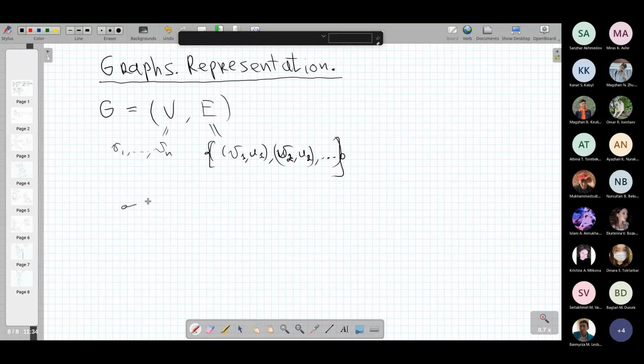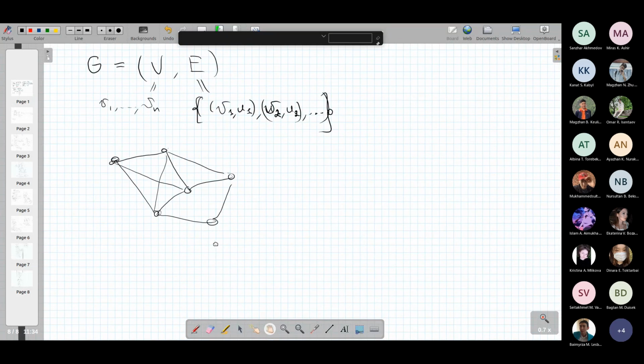So the example is going to be like this. Okay, this is the example of the graph.